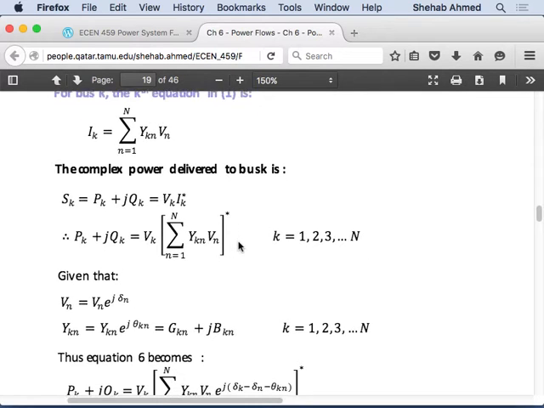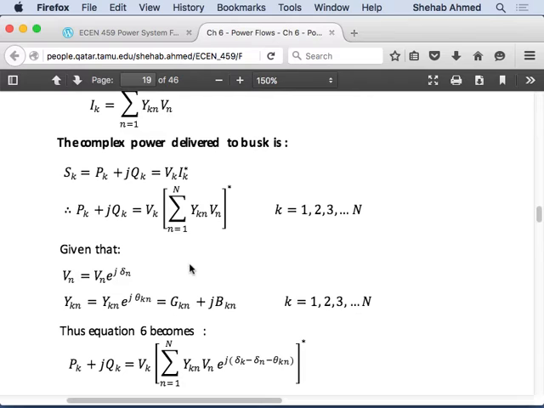I know that all the voltages are complex quantities, and the admittances are complex quantities as well, right? So I can write the voltages and admittances in this way. The voltage at a specific bus, Vn, is equal to Vn as a magnitude, e to the j delta n.